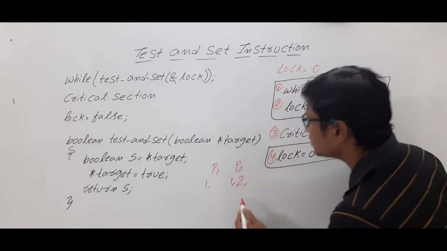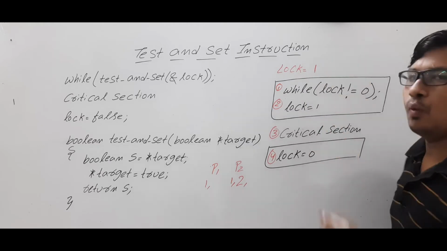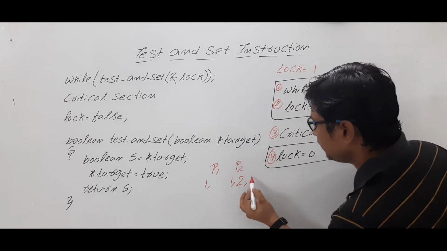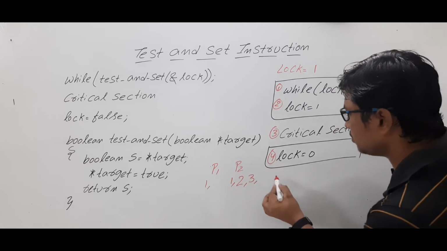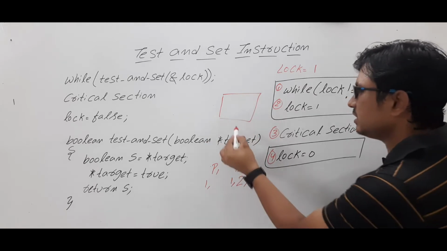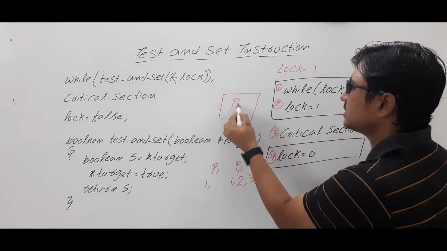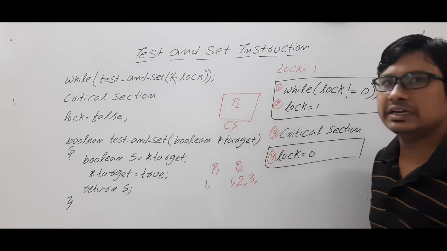If it executes instruction 2, the lock variable value becomes 1. Is it clear? Then process P2 can execute instruction 3, meaning that right now process P2 is in the critical section.